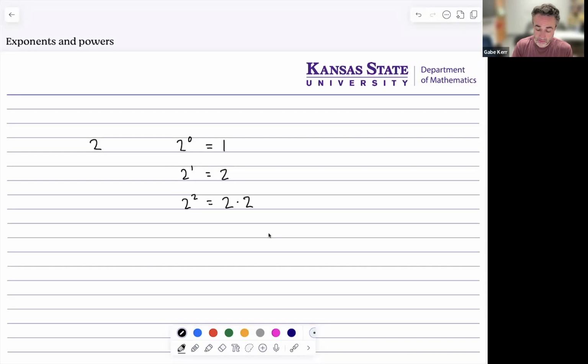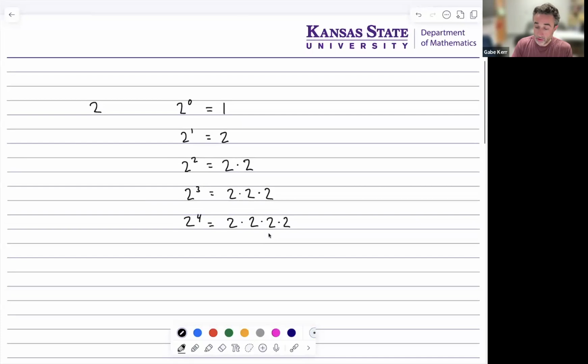So this gives us 2 times 2, and 2 to the third power gives us 2 times 2 times 2, to the fourth power one more time, and so on. Each time we go up, we multiply again by another factor of 2.